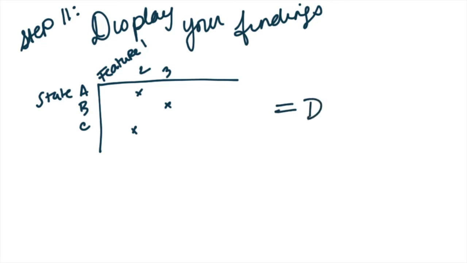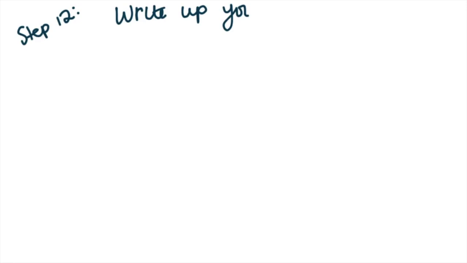And you'll be able to use that data set to create charts or display what you found in some way or other. So, like, these states have these features, and these other states have these other features, for example.